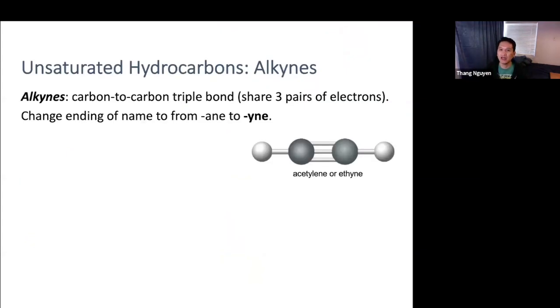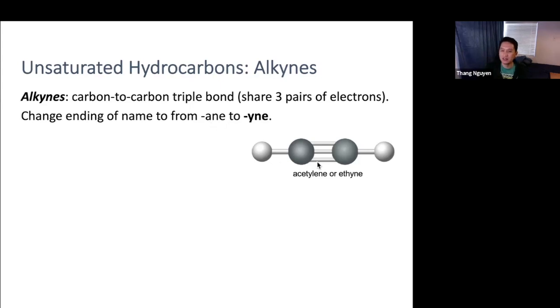There's another one called alkynes. So this time, instead of having two bonds, we have three bonds. So a triple bond. Because it's a triple bond, now that carbon only has one more bond left, so one more hydrogen. That's why it's unsaturated. And to name them, we just change the A to a Y now.